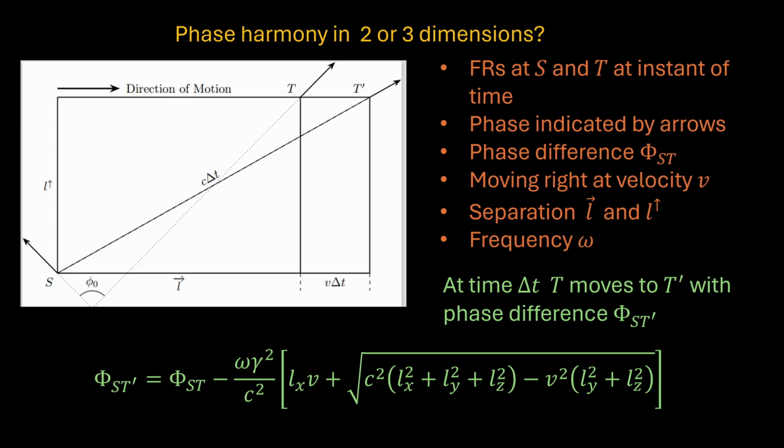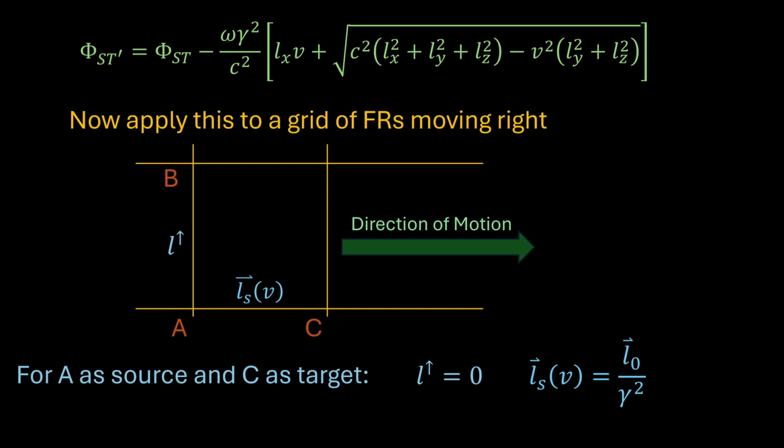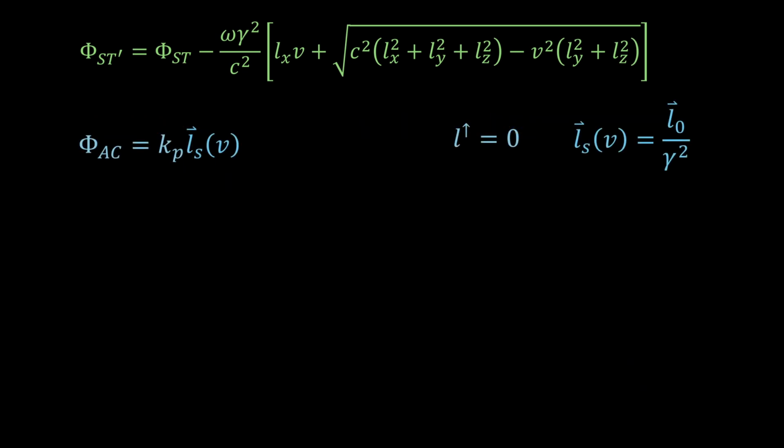And now we can apply it to our presumed grid of FRs, and we assume motion along the X grid axis, so the source is A and the target is C. We will just check our findings from the previous video by setting L up arrow to 0.